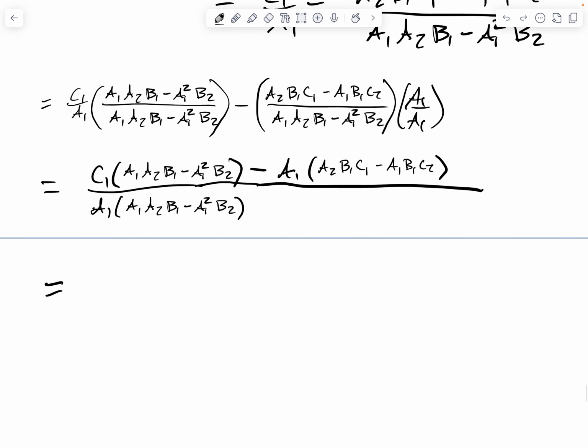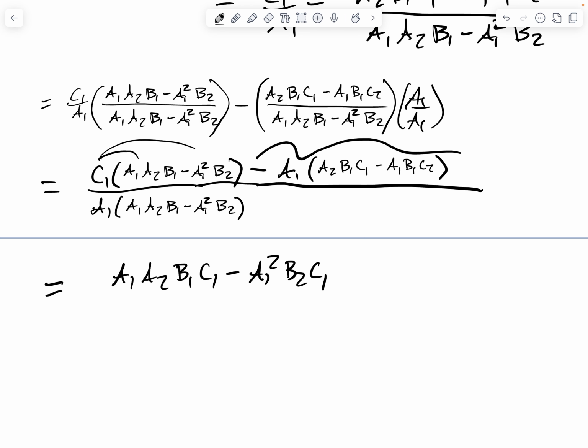Common denominator. So if we want to get rid of the parentheses, we have to distribute, boop. So we'd have A1, A2, B1, C1, minus A1 squared, B2, C1. And now I'll distribute the minus A1. We got minus A1, A2, B1, C1.